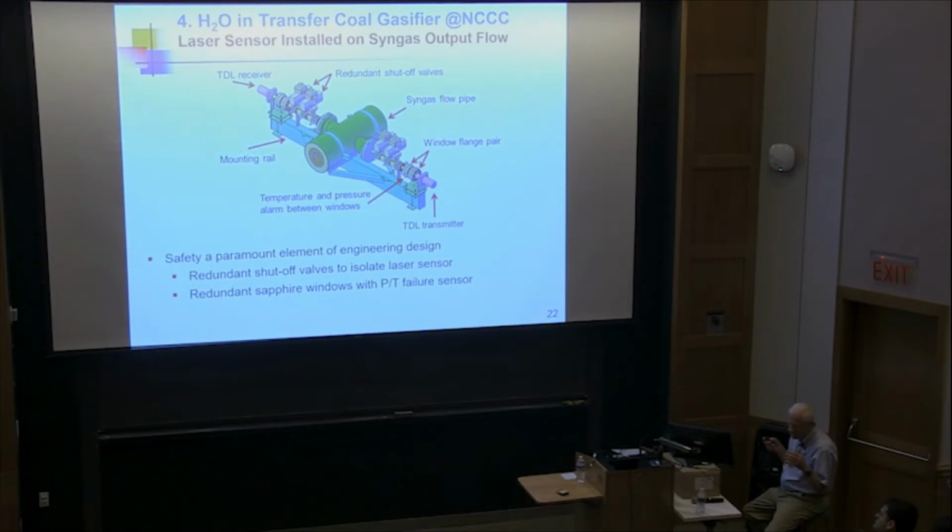Those technicians don't want you to do anything to their water-cooled arc jet. So they're now comfortable that we can drill little holes and not harm their performance. We had to have redundant shut-off valves and redundant windows. What if this one fails? We got another one. The science was kind of easy, and the engineering was tough.